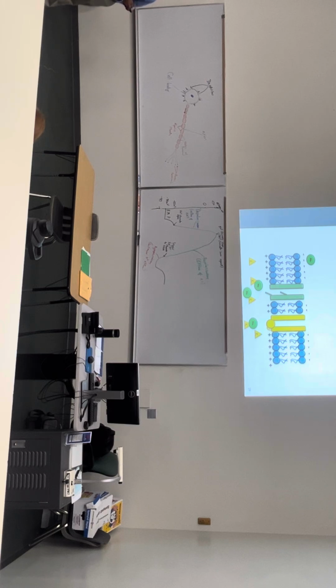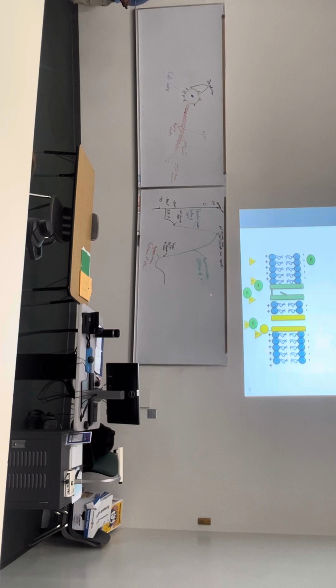And plus 30, that's a trigger for this channel to close. At the same time, potassium channels open. Which way would potassium move? Out of the cell, we're going to lose positive charges. So from plus 30, it starts to drop.